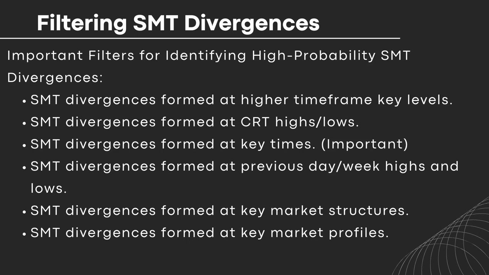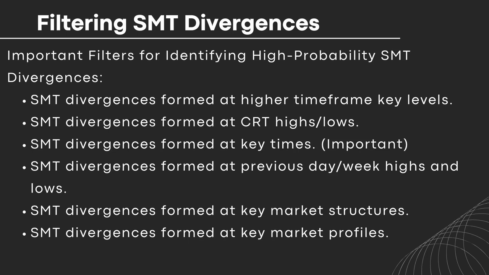And if you can then match it with a CRT there, then the probability increases even more, right? You can see that you're going to be using it like this, in a logical framework, right? Following a proper sound logic. Manipulation profiles and reversal profiles are high probability market profiles for SMT to be formed and produced at, right.